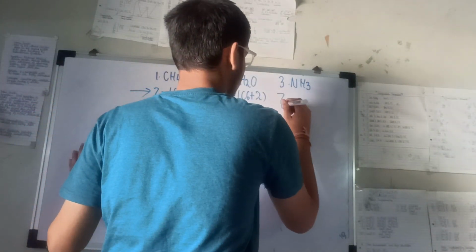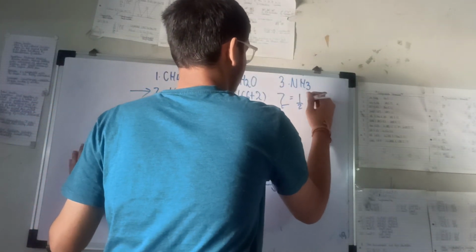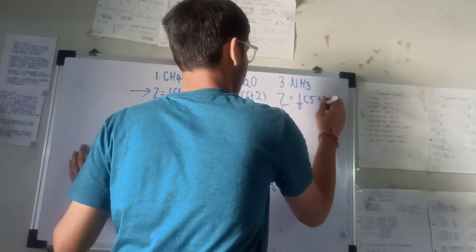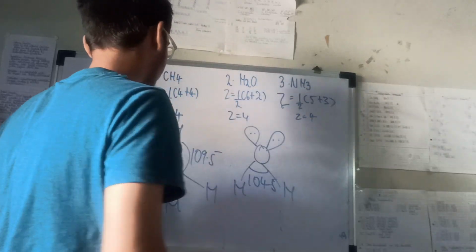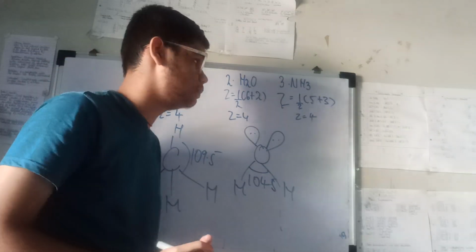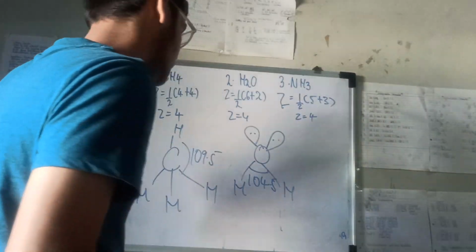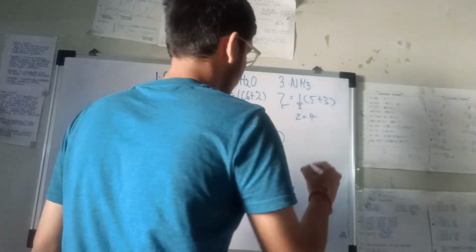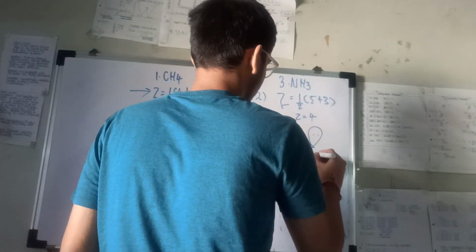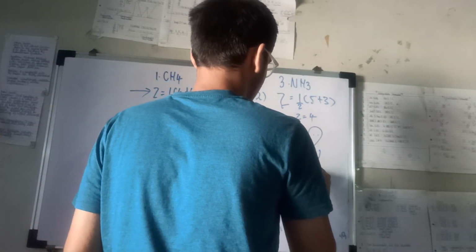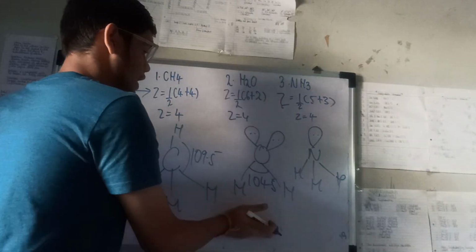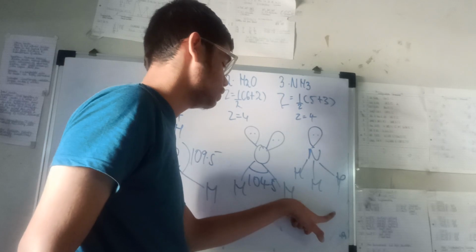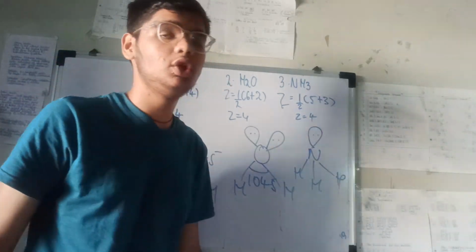NH3, Z is equal to half. 5 plus 3, 8. Z is equal to 4. Same. Hybridization and geometry are the same. Just the shapes are varying. NH3: so this is a 3-1 case, I have given you already 3-1.